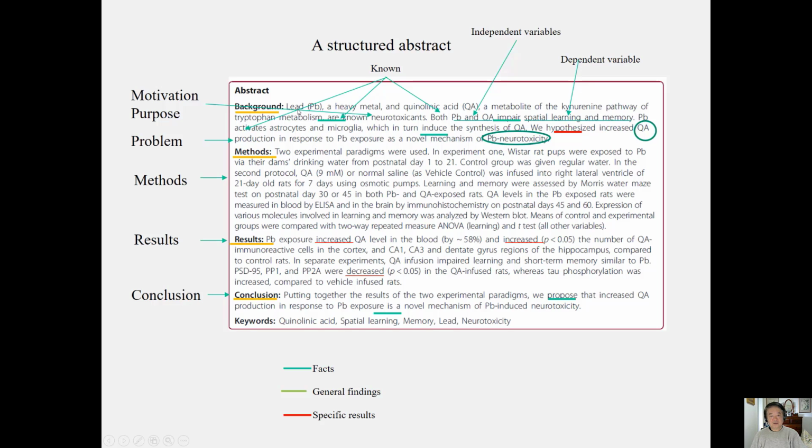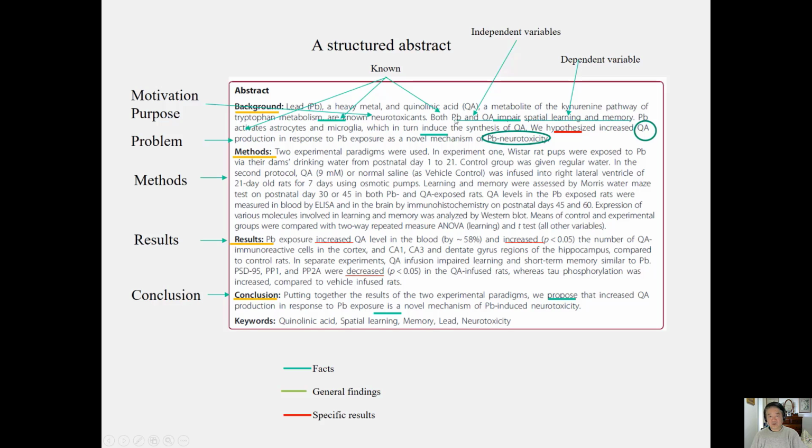For example, here you say lead, a heavy metal, and quinolinic acid, which is a metabolite of the kynurenine pathway. These two are known neurotoxicants. So this is already known.